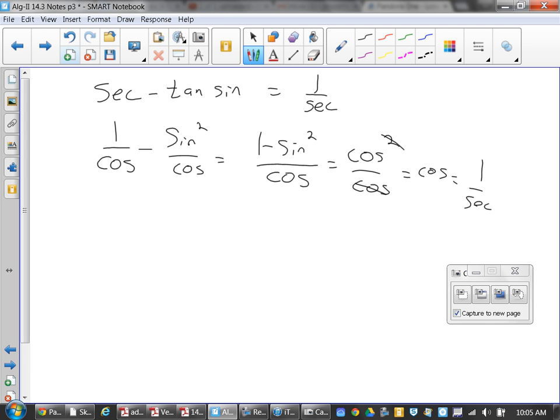Why did they put 1 over secant though? 1 minus sine squared is the cosine squared, and then cosine is the same thing as 1 over secant. Wait, why did you just put cosine? Because they're jerks. That messed me up pretty hard. I did the whole thing right, and then I looked at it and was like, wait, did I do something wrong?